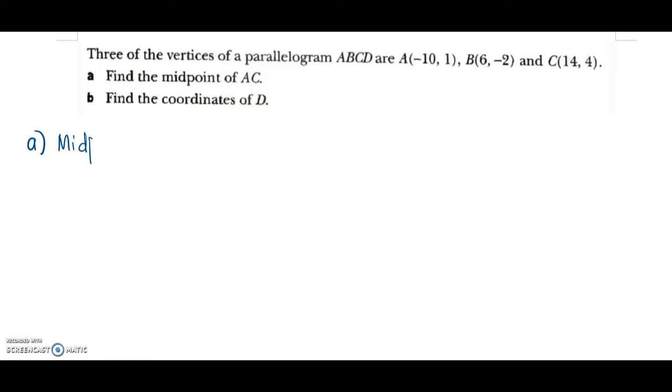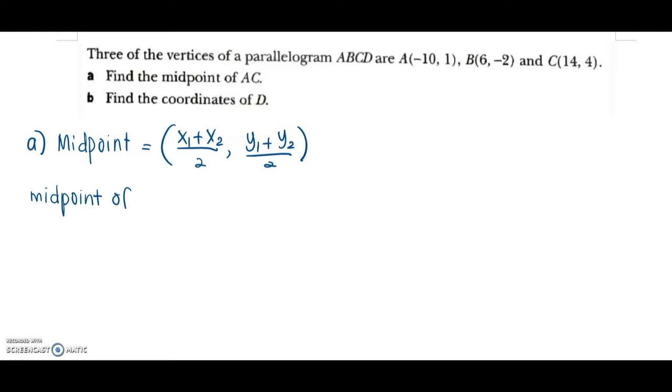Remember, this is our midpoint formula: x1 plus x2 over 2, y1 plus y2 over 2. So for the midpoint of AC, this is our x1, y1, and this is our x2, y2.